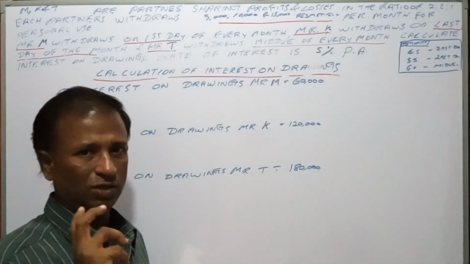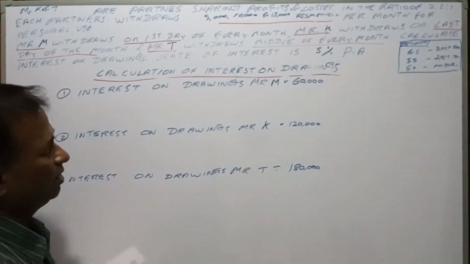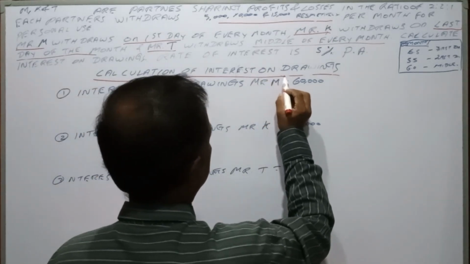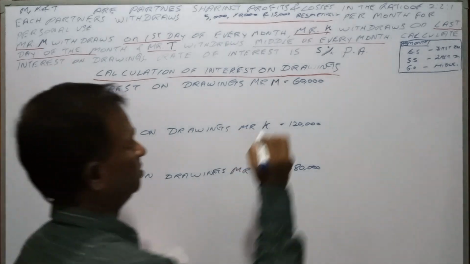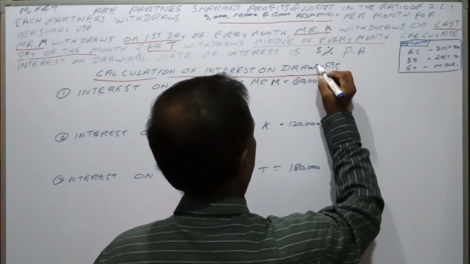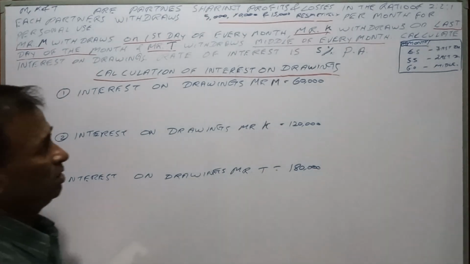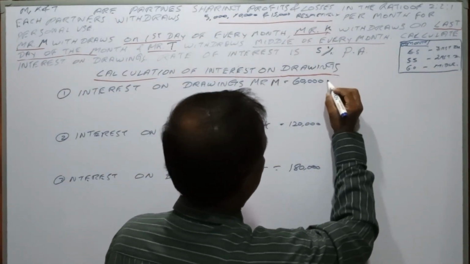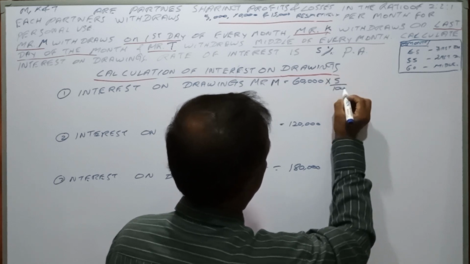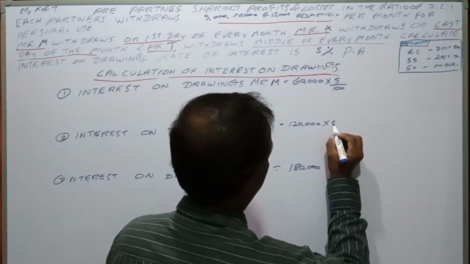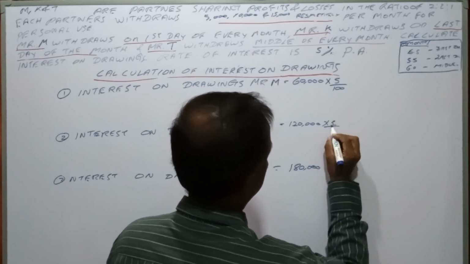Now the withdrawal amount differs from person to person, right? Drawings are not a fixed amount. Now we charge 5% out of 100, right?